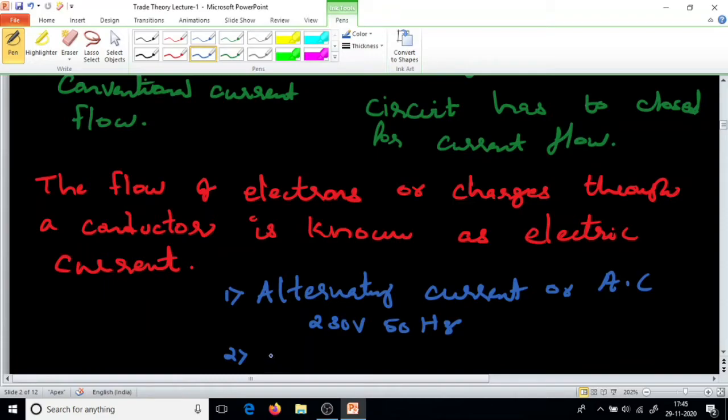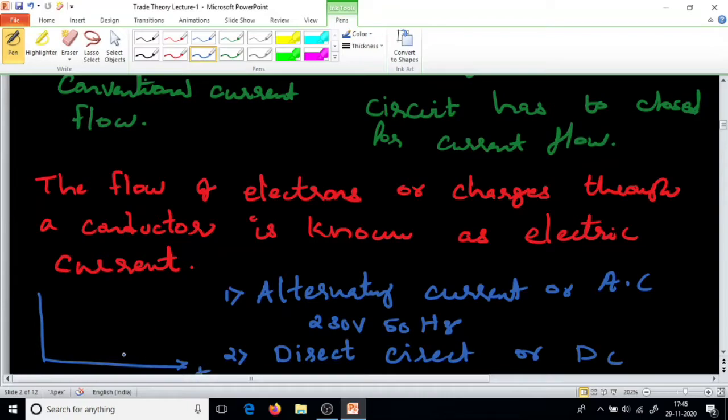Now, one more type of current is there. That is direct current. Whatever we have seen, the current through the battery, that is direct current, or DC. If you have a graph like this, time and voltage, DC will have the same value. DC value doesn't vary.